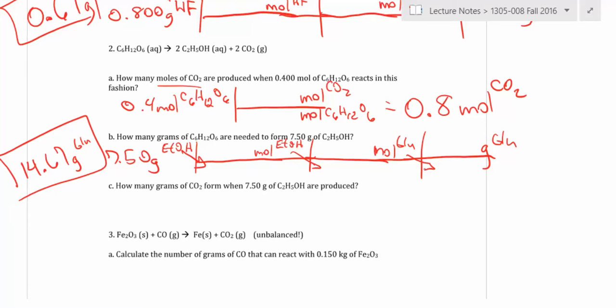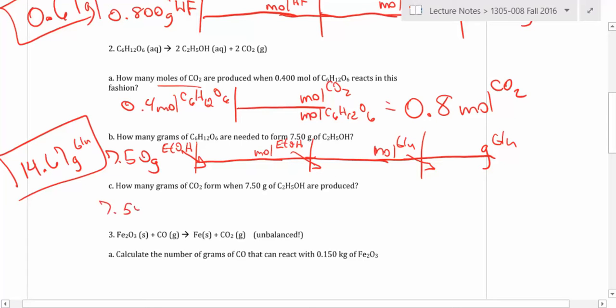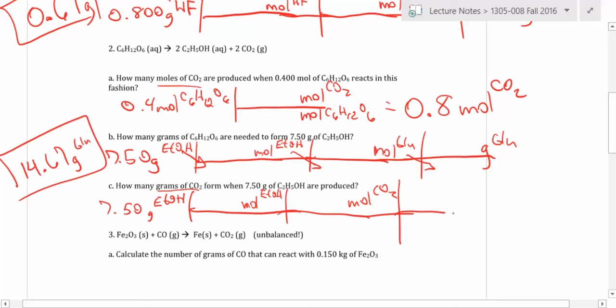How many grams of CO2 when 7.5 grams of ethanol are produced? So 7.50 grams of ethanol. How many grams of carbon dioxide? So grams of ethanol to the moles of ethanol to the moles of carbon dioxide to the grams of carbon dioxide.